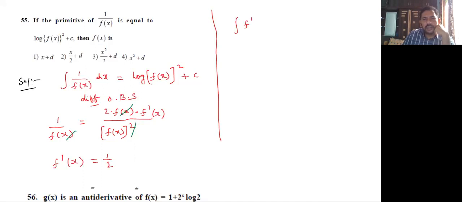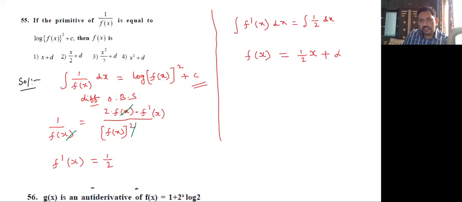Integration f dash of x dx equals integration 1 by 2 dx. Here integration and derivative cancel. We get f of x equal to integration 1 by 2 dx, that is 1 by 2 into x plus some constant. Already I have written c here, that is why I am going to write another constant, by observing the options. That is d. This is the answer.